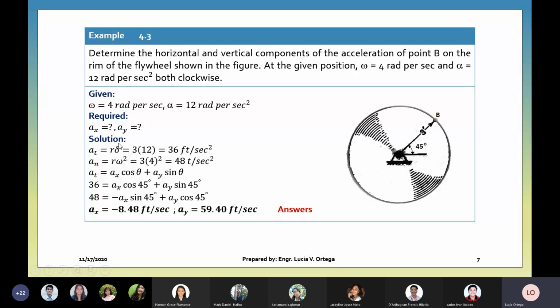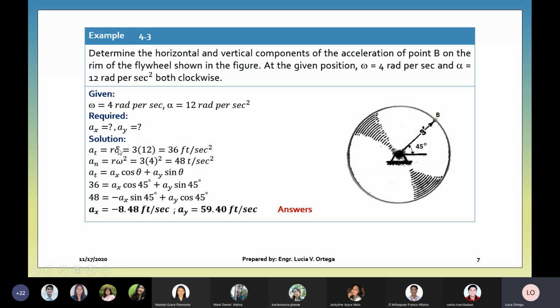So remember in chapter 3, we have the equation, the relationship between tangential and normal acceleration and the X and Y component of the acceleration. So we will use that equation. So tangential acceleration is R times, it should be alpha. I used the wrong symbol.